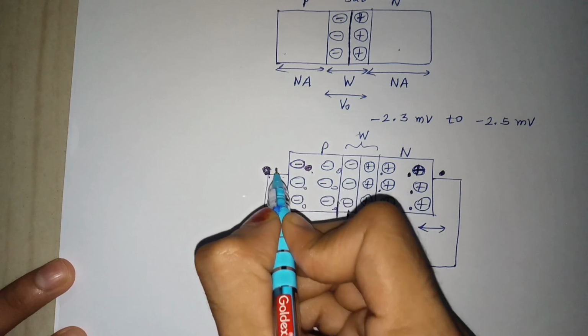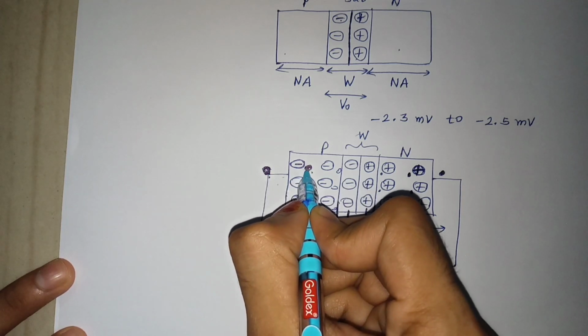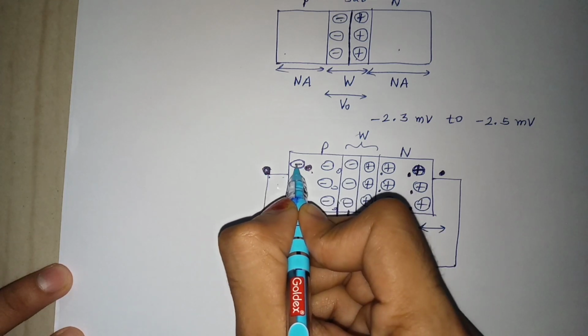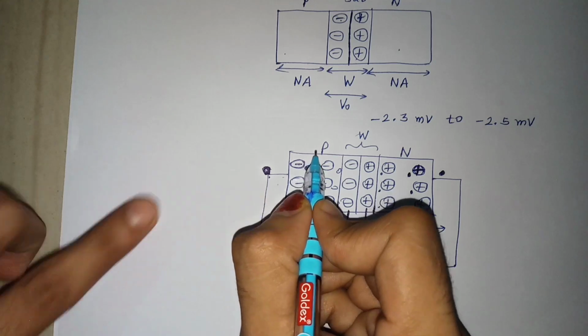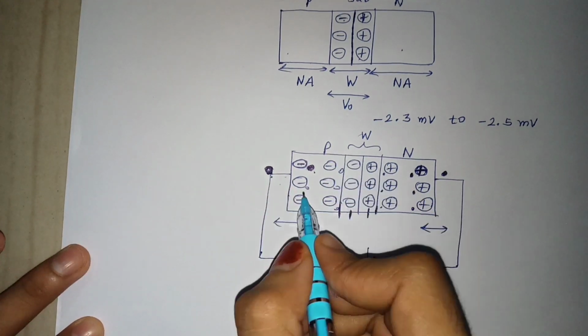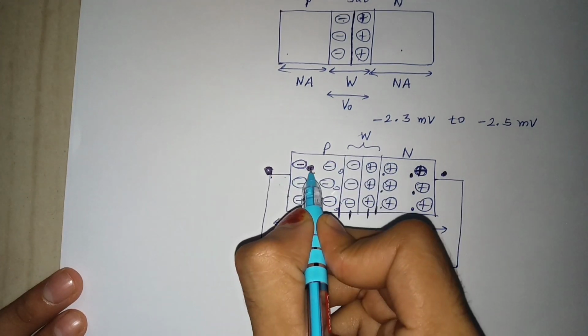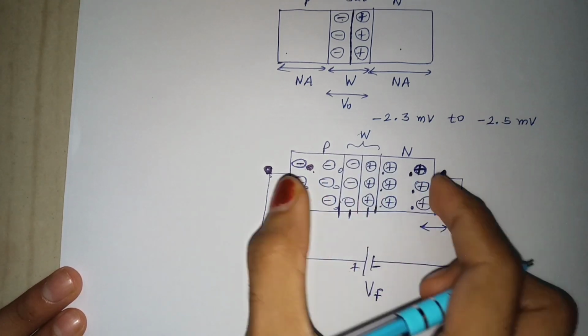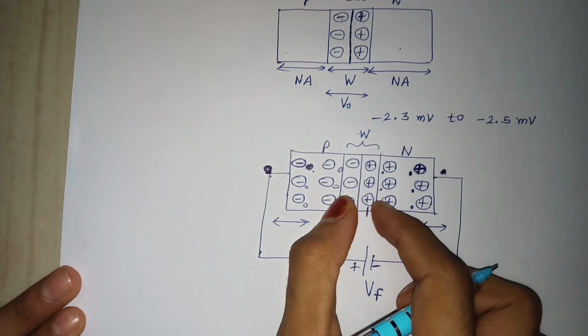In some amount this hole attracts the electron, but electrons are very low on this side, therefore mostly this hole repels this hole and this electron repels this electron, therefore the depletion width decreases.